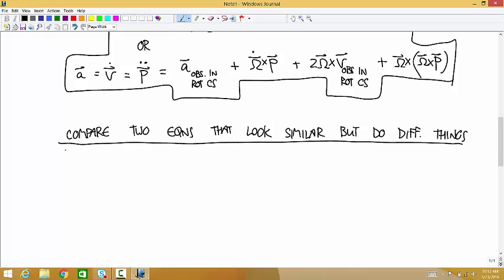One is the watermelon equation. So that says that the acceleration is equal to alpha cross r plus little omega cross quantity little omega cross r.